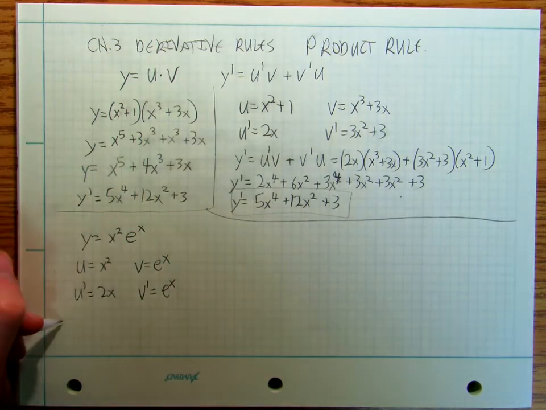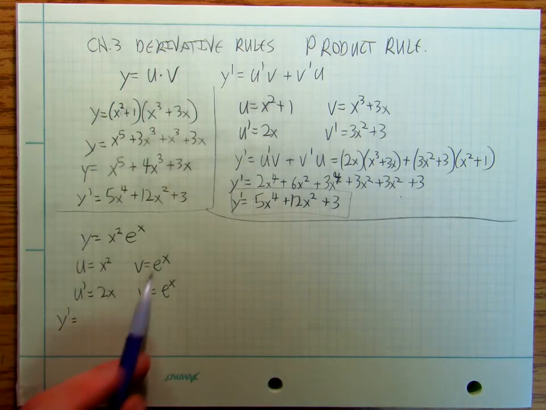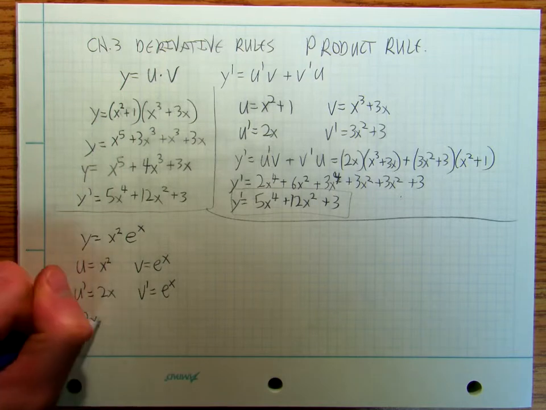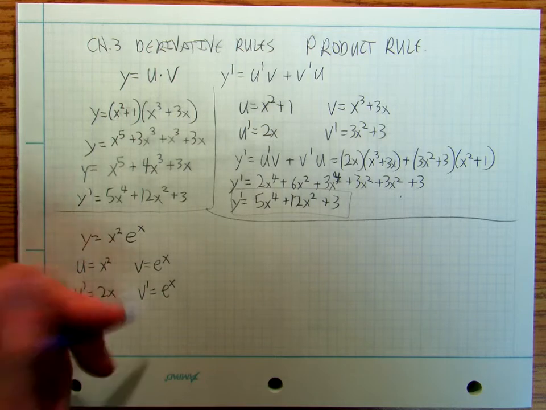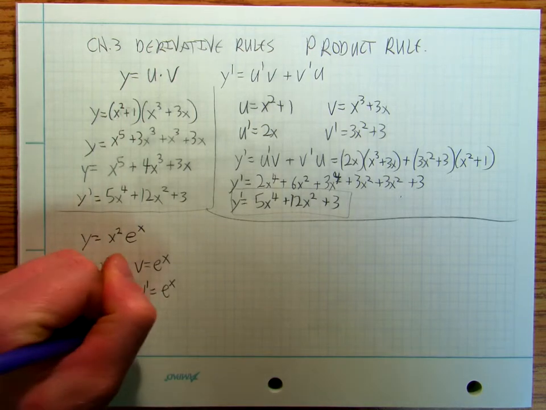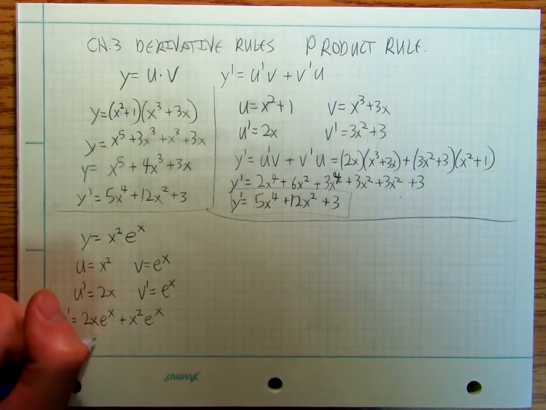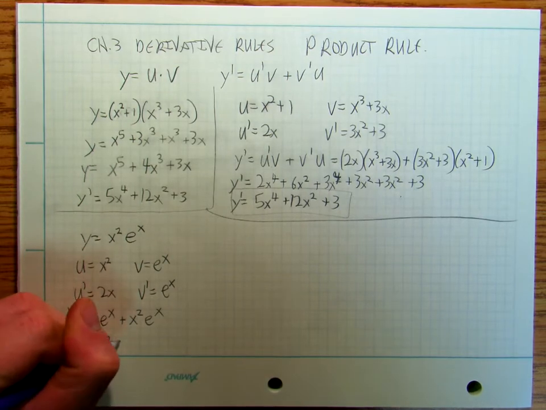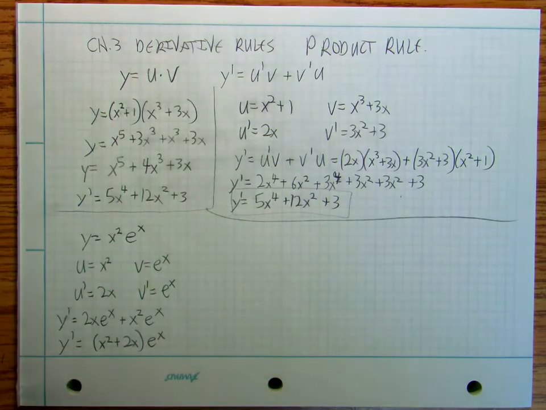And so then my y prime is going to be equal to u prime v plus v prime u. And I'm just going to rewrite it as x squared plus 2x times e to the x.